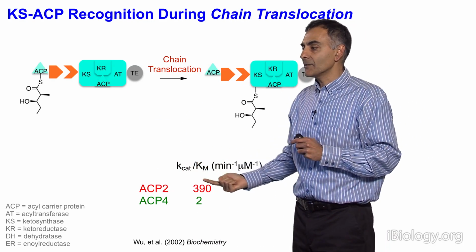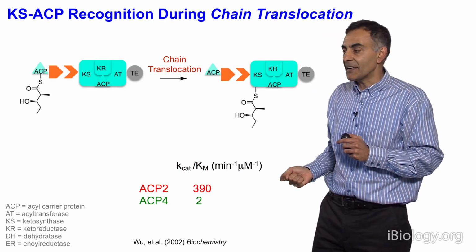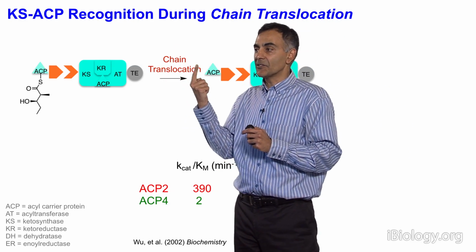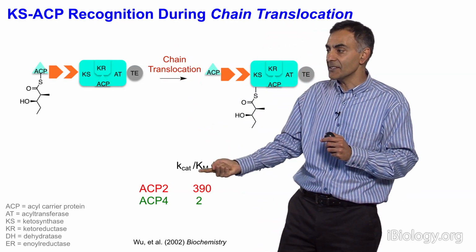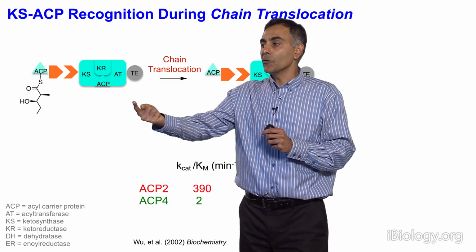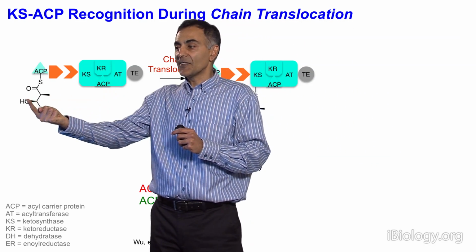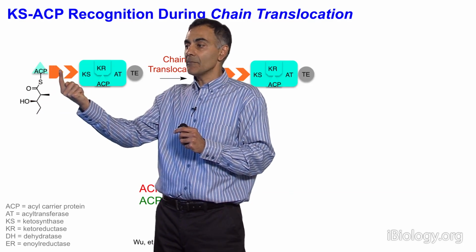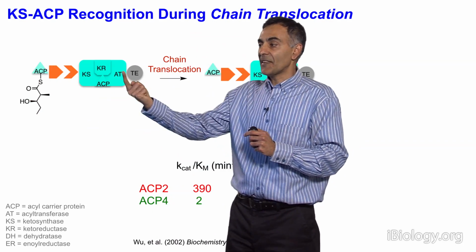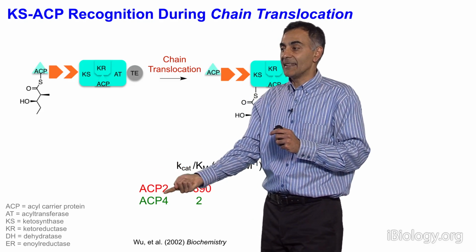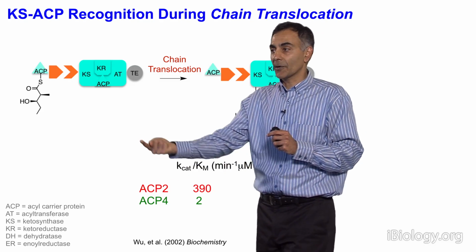How do we know that? Through experiments like this that Nick Wu did, where he kinetically isolated this chain translocation event, exposed this module over here to the same substrate, same docking partners, same receiving module, but now he changes the identity of the donor carrier protein.